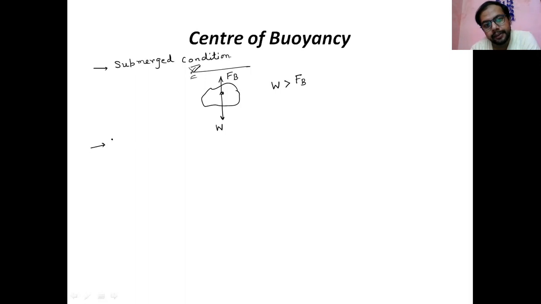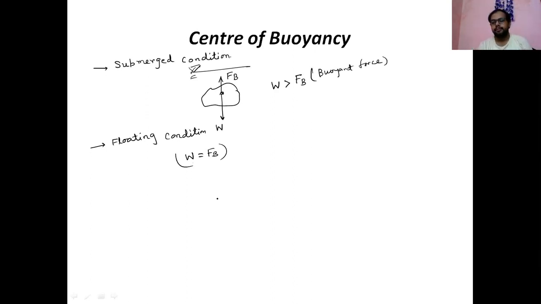But the floating condition we'll see later. In the floating condition, W is always equal to FB. FB has another name, the buoyant force. Both are the same and nullify each other. That's why it is floating over the liquid.